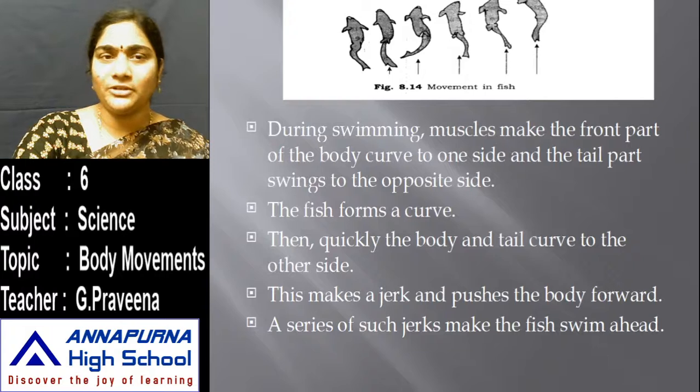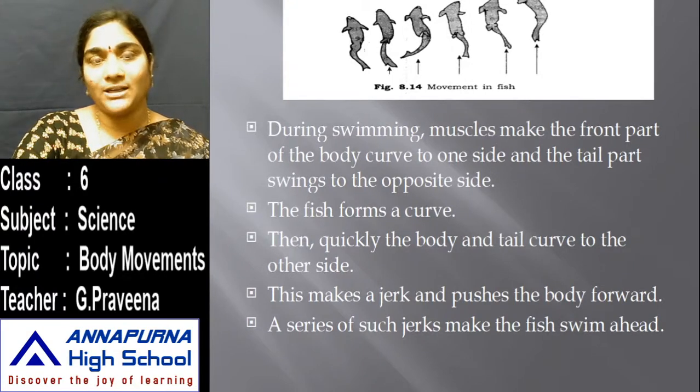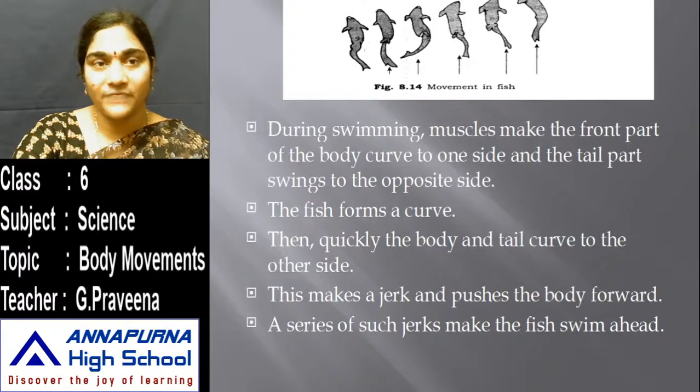Because of the streamlined body, the water can move freely past the body. During swimming, the muscles make the front part of the body curve to one side and the tail part swings to the opposite direction. In the picture it is very clear: when the head is in one direction, the tail is in the opposite direction to that of the head.